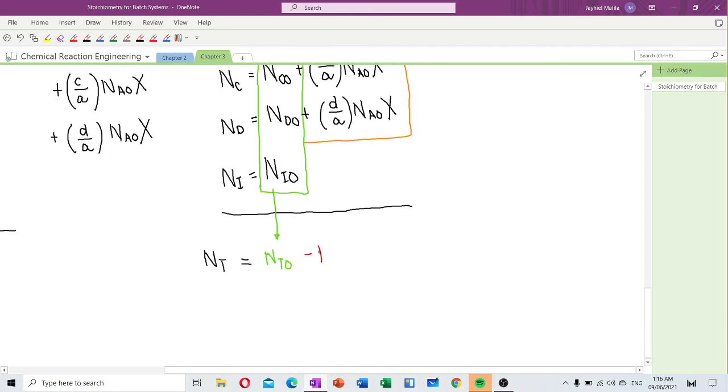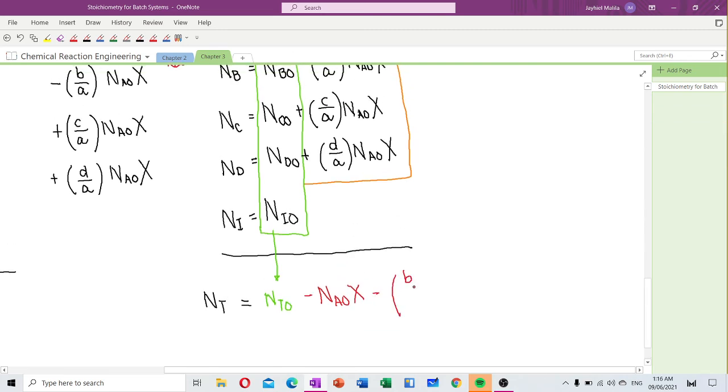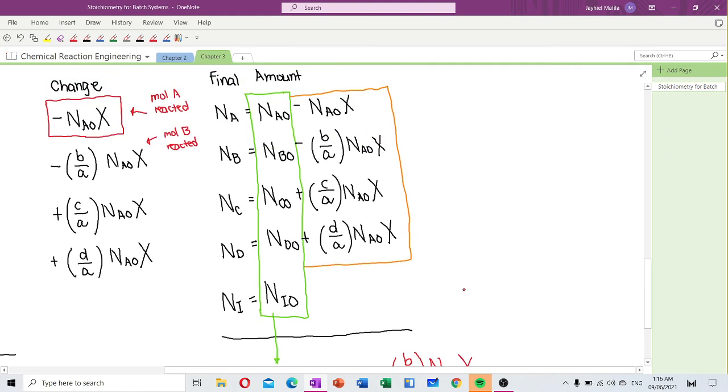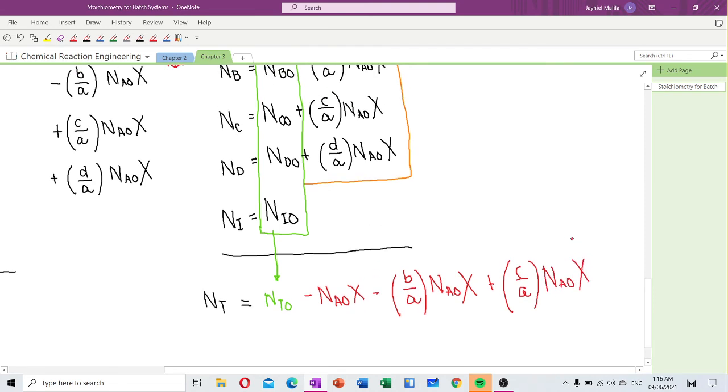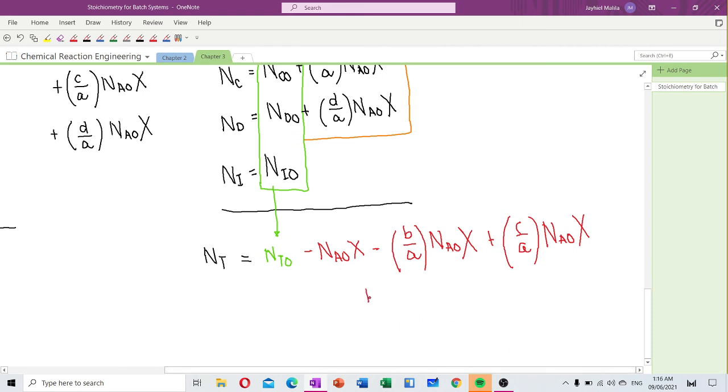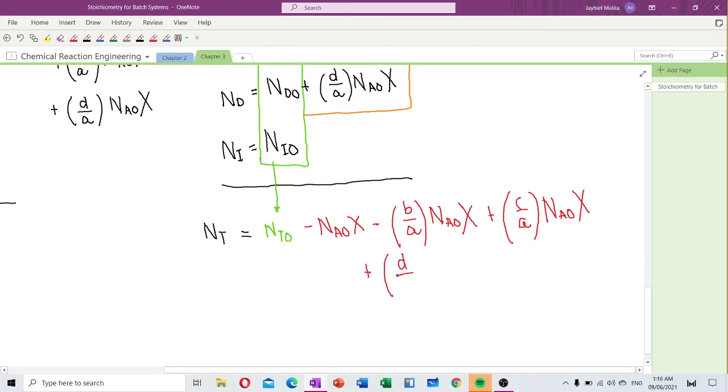We have here negative B over A NA0x, positive C over A NA0x, and positive D over A NA0x.